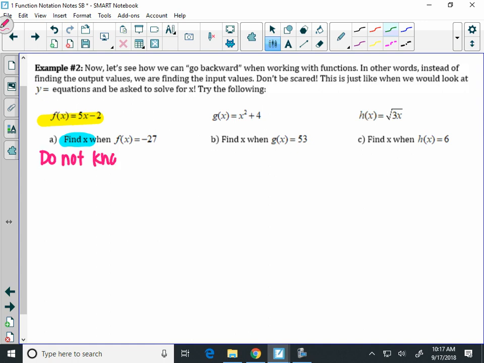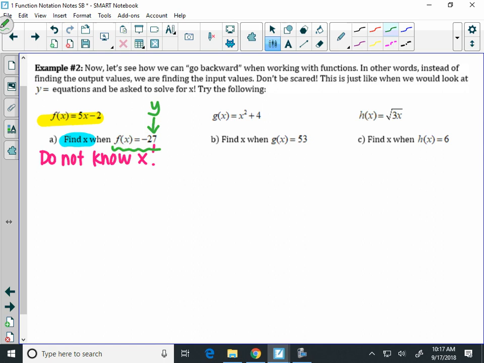what x is. So when I have this negative 27, it says f of x equals negative 27. That negative 27 is not in the parentheses. It is what we equal, which is a y value here. Remember, the answer for the function is always a y value.